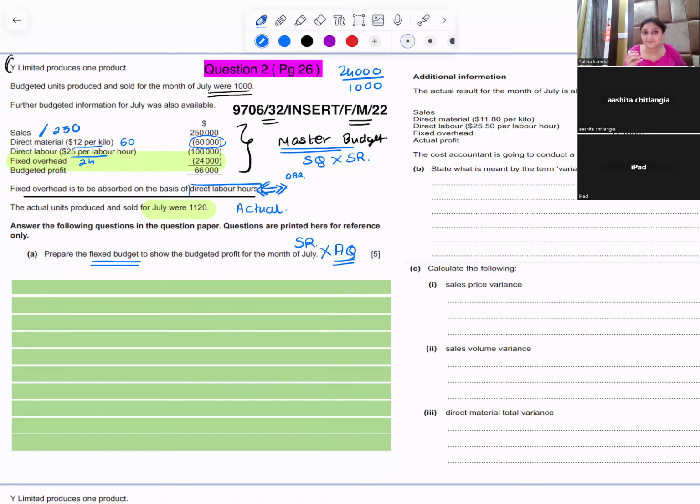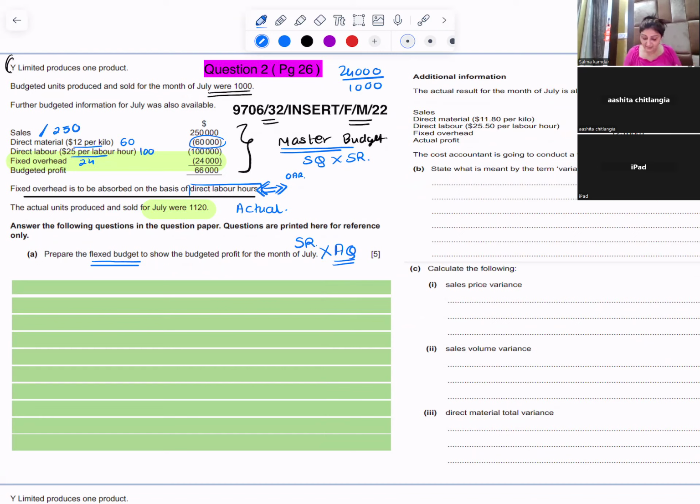That means we have been given per kilo, so they are using more kgs to produce one unit, right? And direct labor standard rate 100,000 for 1,000 units. So give me the standard rate for direct labor. 100. Very good. So now you have found out the standard rate per unit. Are you with me?